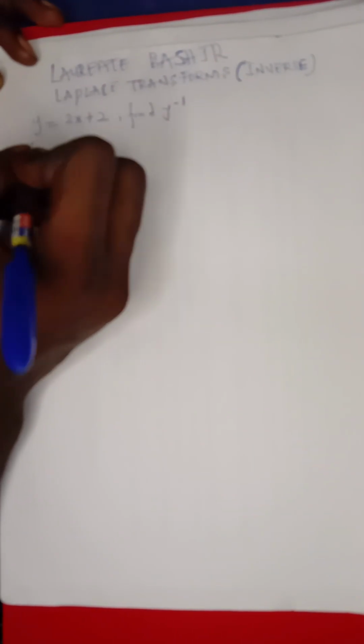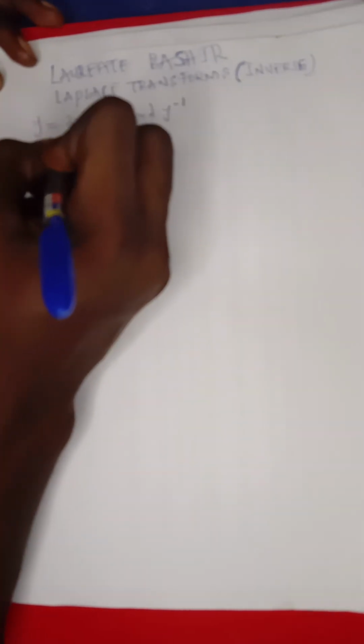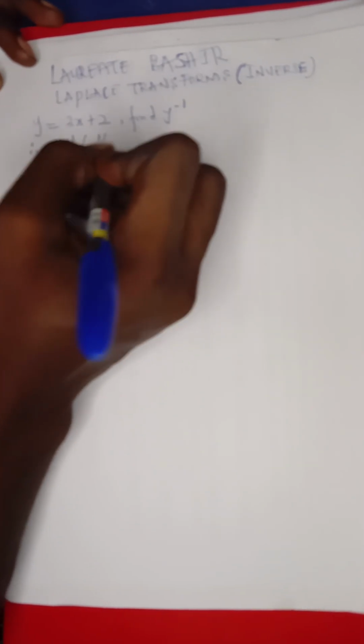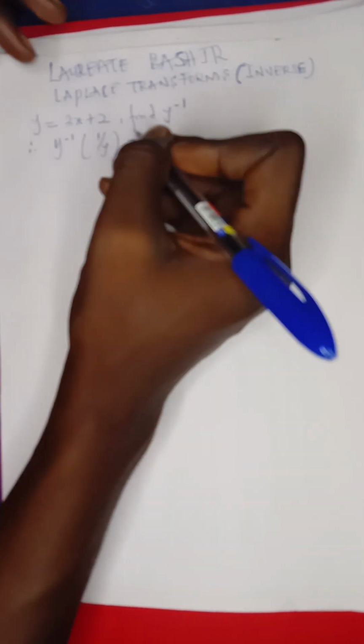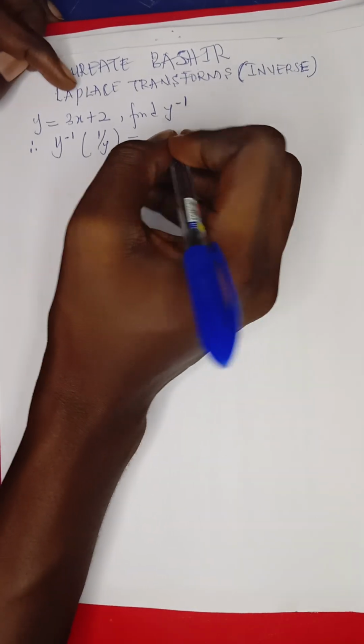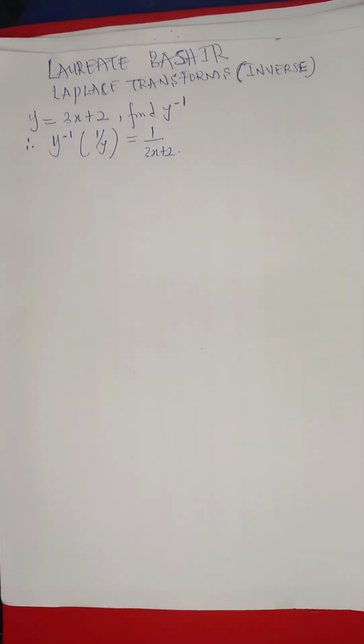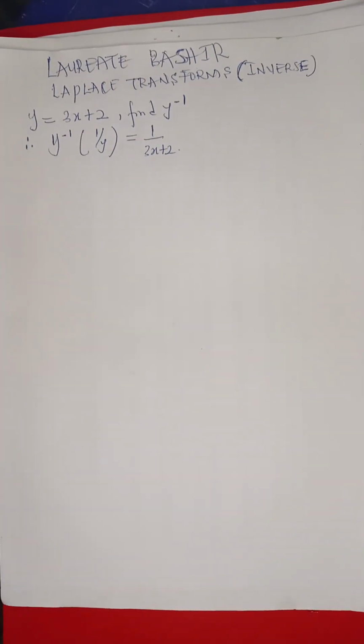You know that y inverse is just 1 over y, right? So 1 over y means you are taking a reciprocal of this, which is going to be 1 over 3x plus 2. That's just your y inverse on a normal basis.